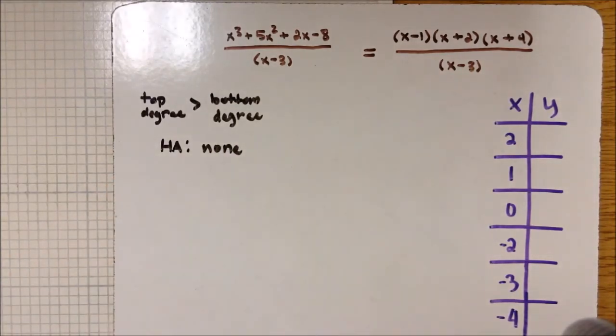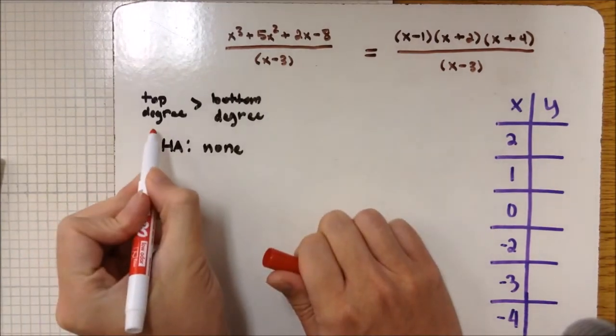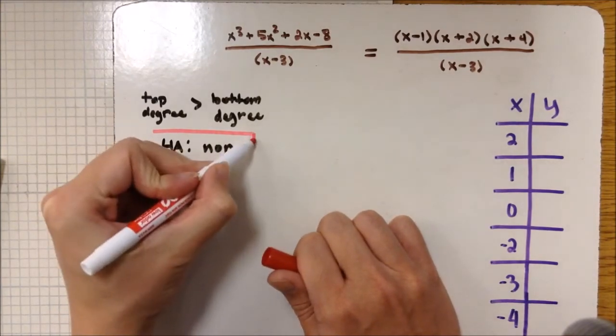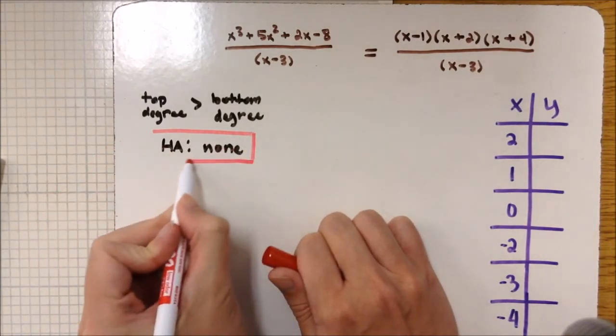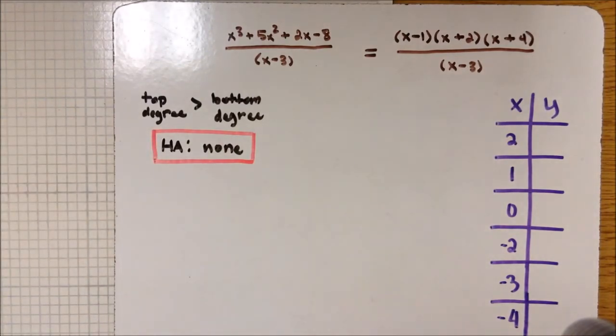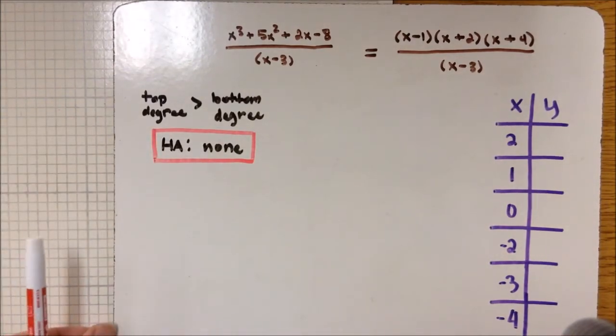So there are no horizontal asymptotes. Alright, let me box that up, saying that this is our information when it comes to graphing. So there are no horizontal asymptotes.